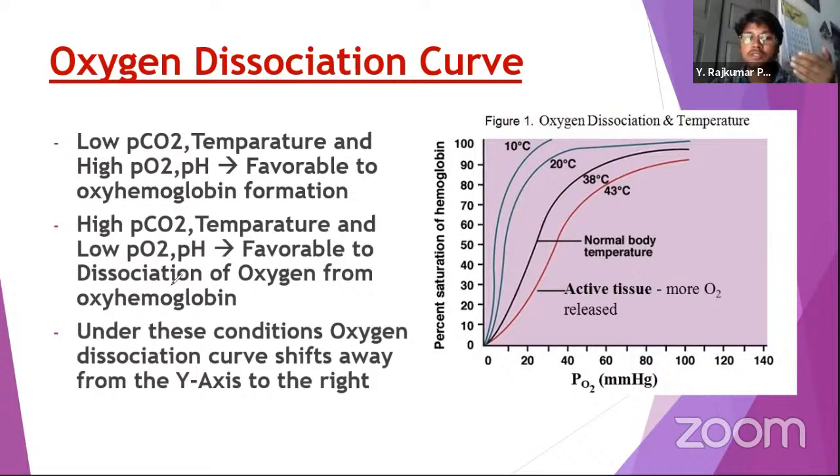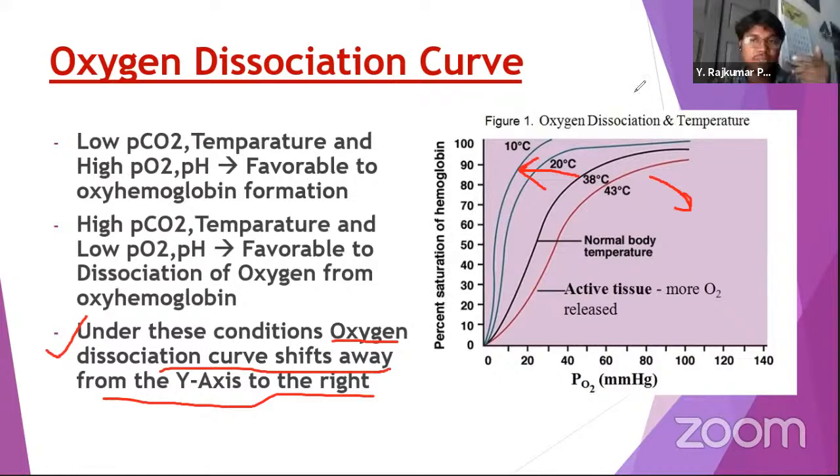In the oxygen dissociation curve, under the above conditions, the curve shifts away from the y-axis to the right side. Here you can see in the picture the relation between temperature and oxygen dissociation.